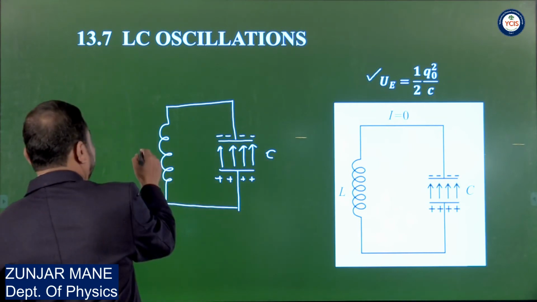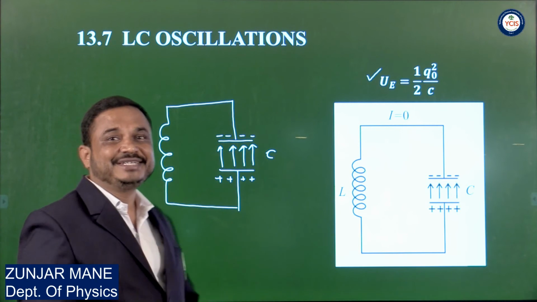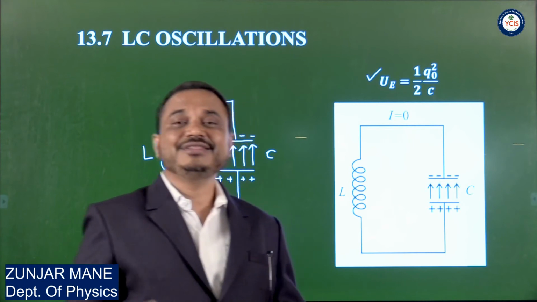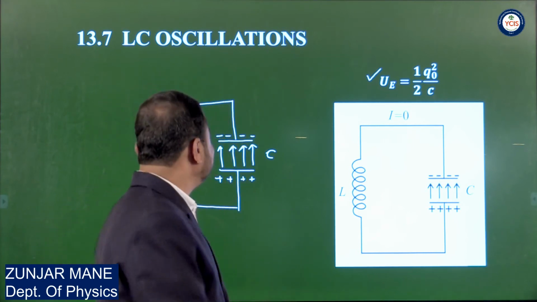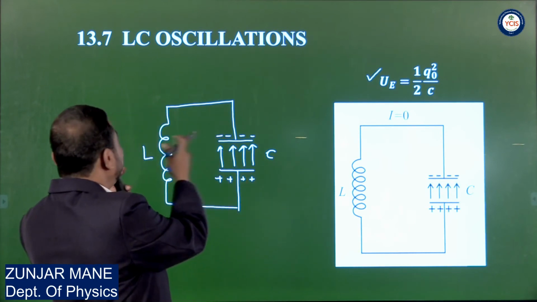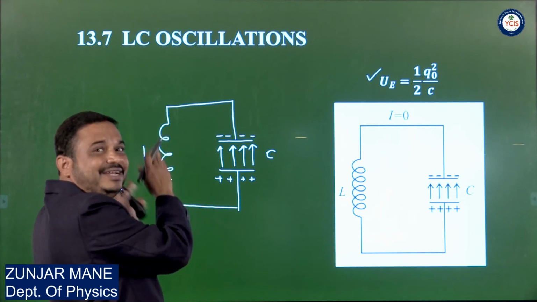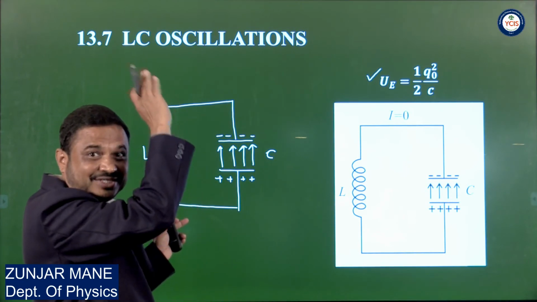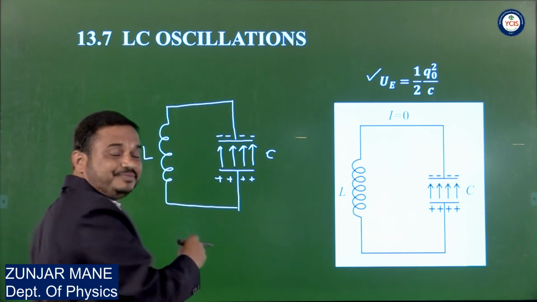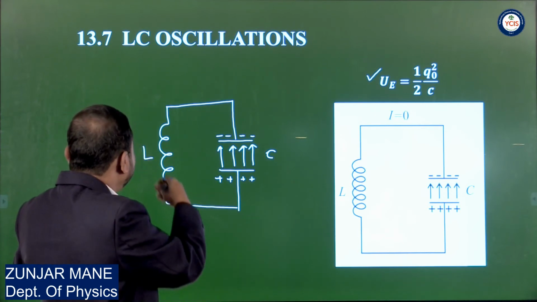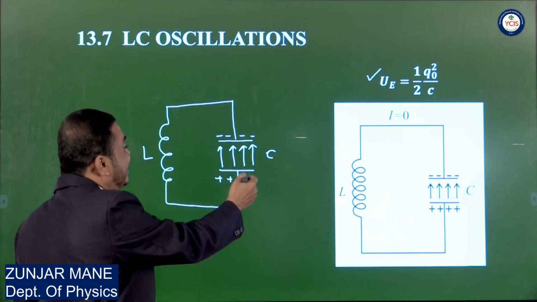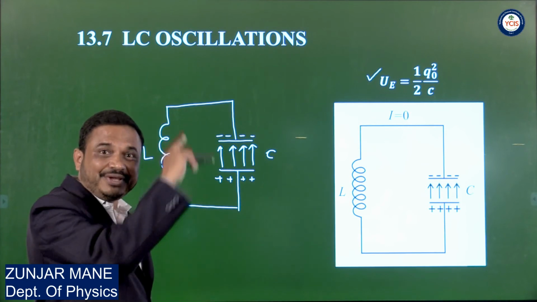Now the magnetic field energy of the inductor is completely transferred to the capacitor, and this process goes on repeating. The electrostatic field energy of the capacitor is completely transferred to the inductor, and when the magnetic flux reaches a high value, it decreases again, and due to the induced current, current flows through the capacitor, and the capacitor gets charged with polarity opposite to the previous one.